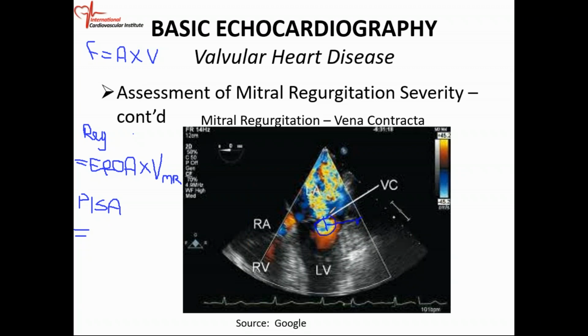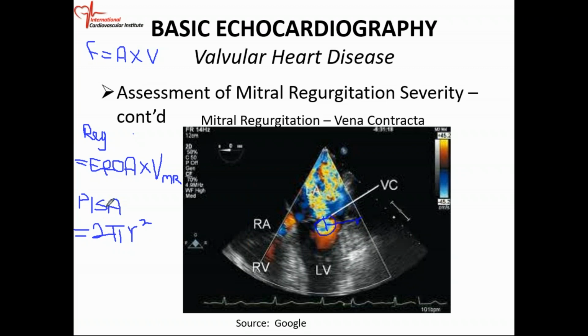Remember what we said, that this area, you're going to get a series of hemispheric shells. The area of this hemisphere is 2 pi r squared. That's the area of a hemisphere. The area of a sphere is 4 pi r squared. So the area of a hemisphere is 2 pi r squared.